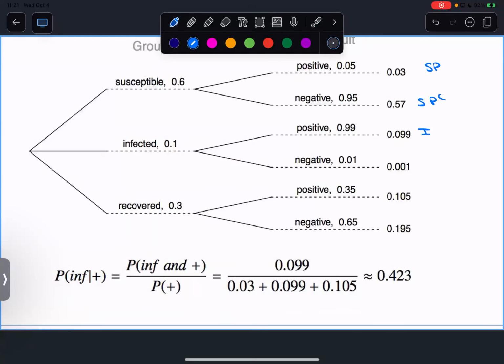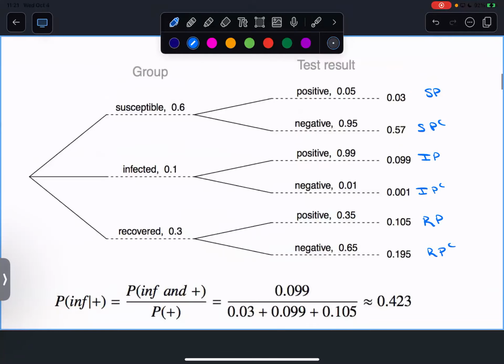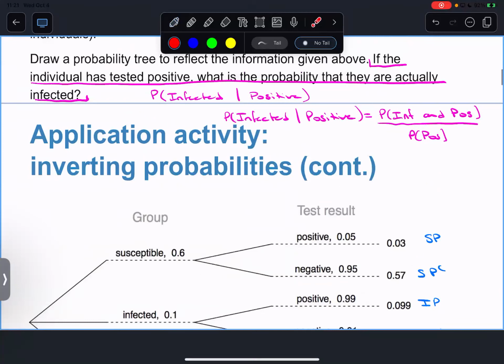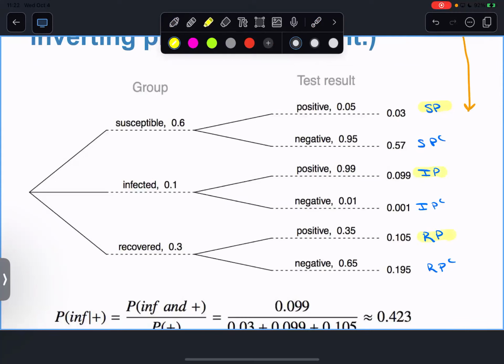This one is infected and positive, infected and not positive, recovered and positive, recovered and not positive. This way it helps me see where all the P's are. Why do I need to know where all the P's are? I want to find the probability of testing positive in general. Well, this happened here, tested positive, here, tested positive, or here.